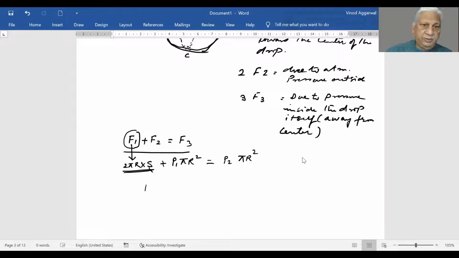So what is P2 minus P1? This term divided by pi r square.